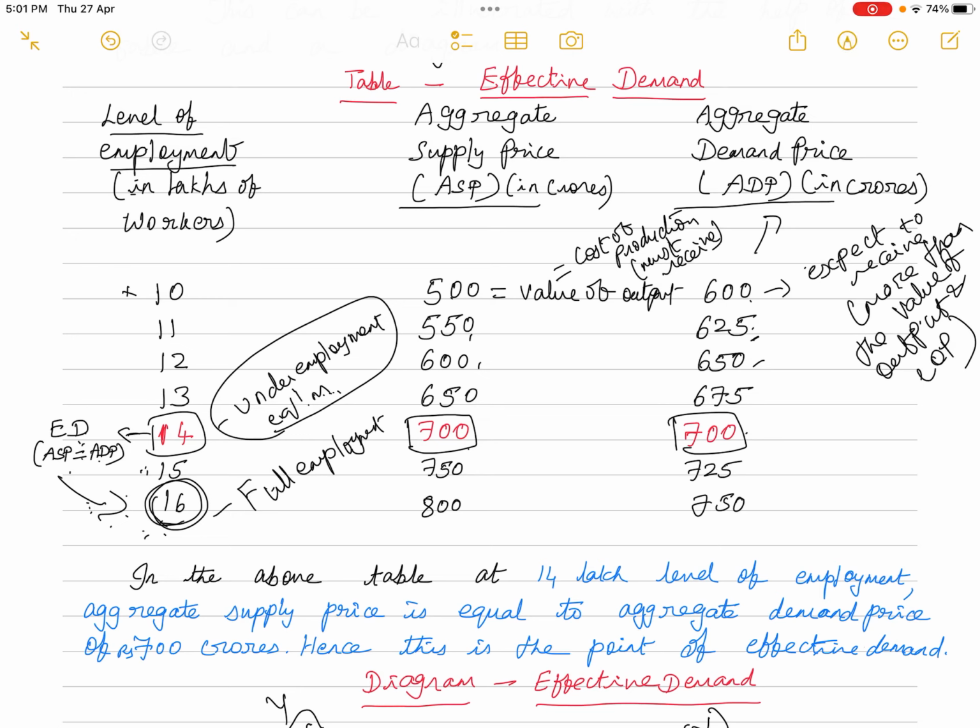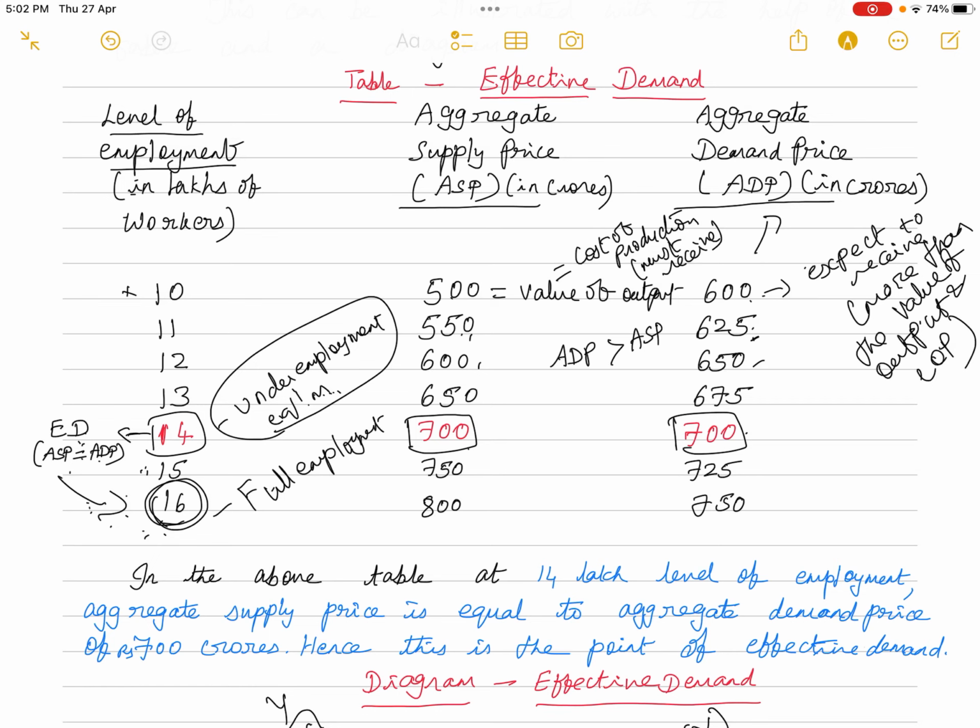See, you can see that before 14 lakhs employment of labor force, up to here, aggregate demand price was more than aggregate supply price, isn't it?